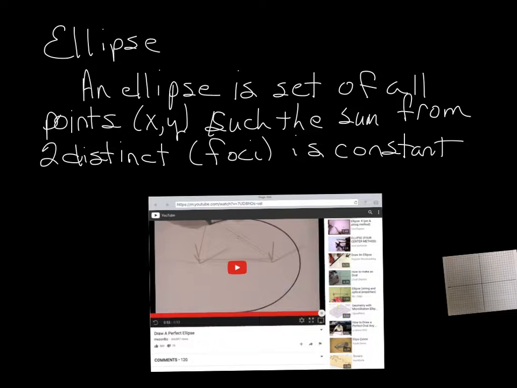So it's a set of all points x, y in a plane such that the sum from two distinct points is a constant, and we call those two distinct points foci.